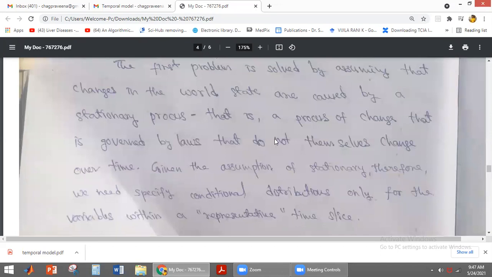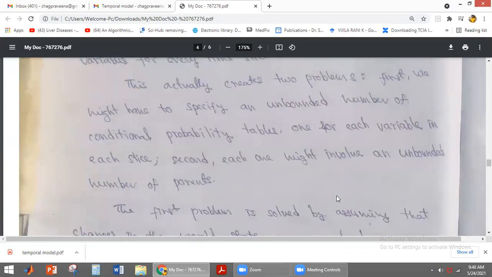The variables are not changing by themselves, but the change is represented by the laws. Because of that, the conditional distributions for the variables are represented within the representative time slice only. Like that, we are solving the first problem.